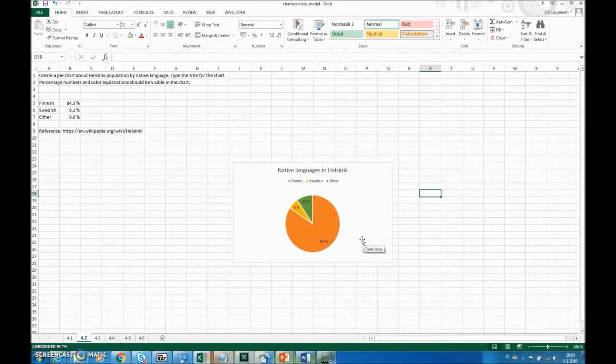In the second one, you should be able to make a pie chart out of the information of native languages spoken in Helsinki. Quite a basic thing.